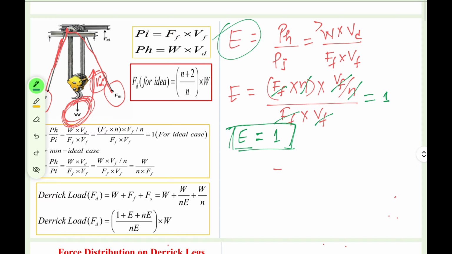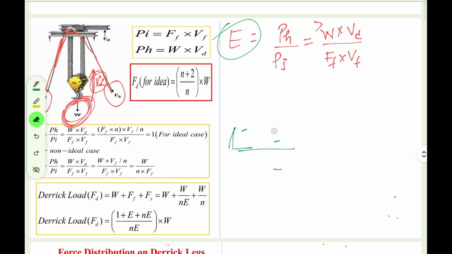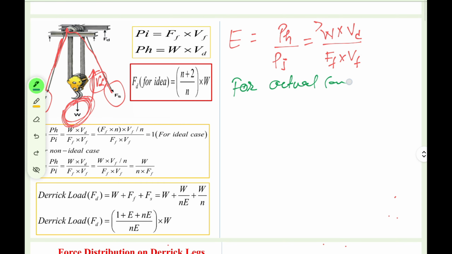So let me derive this expression for the actual condition, keeping all the things the same. We just need to take care of what we have substituted. So for the actual condition, or you can say non-ideal condition, in that case E will be P output divided by P input, and W will remain the same because of the value we substituted earlier.